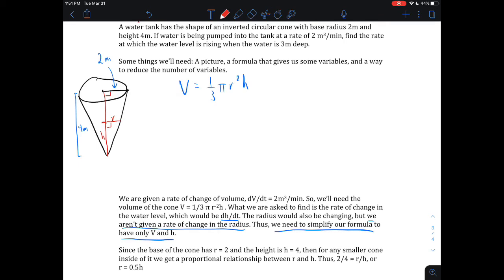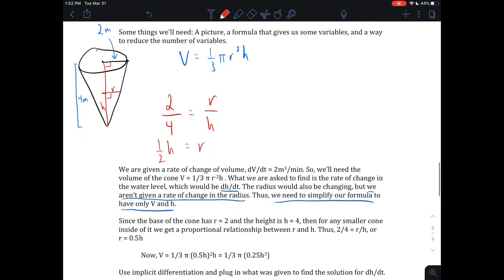That gives us a proportional relationship, which means the 2 for the radius of the big triangle divided by the 4 for the height of the big triangle is equal to r for the radius of any other smaller triangle divided by h, the height of any smaller triangle. Which means that 1/2 times h is equal to r. Or you can say r is equal to 0.5h.